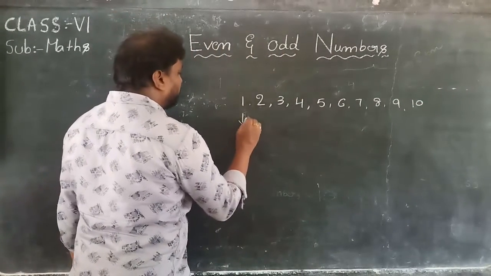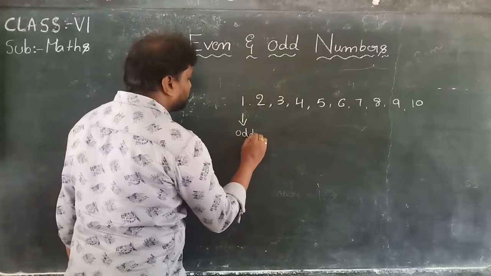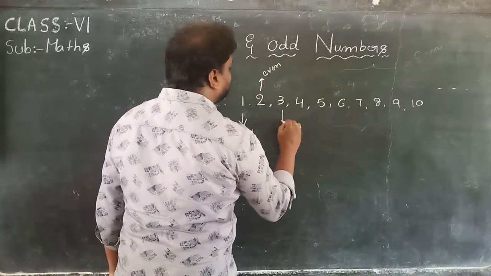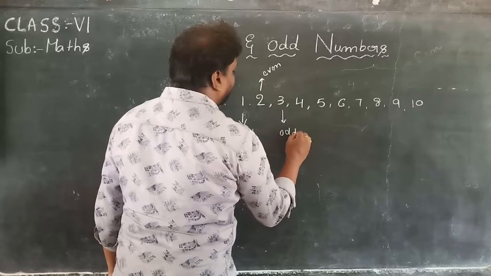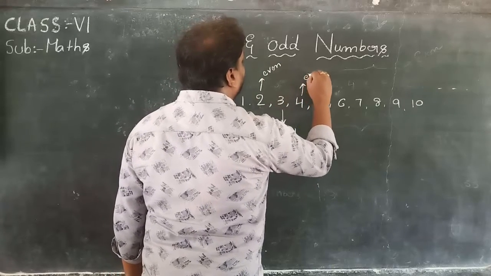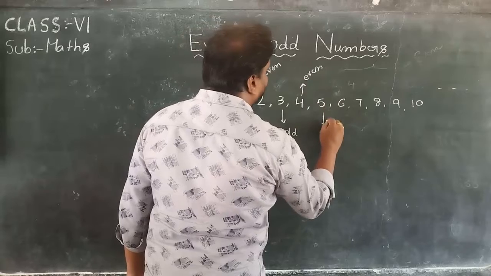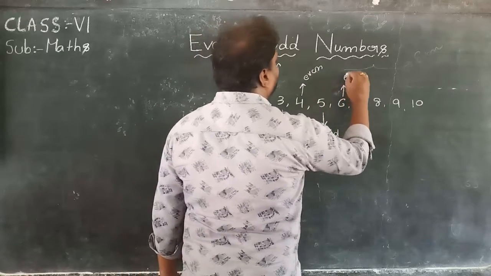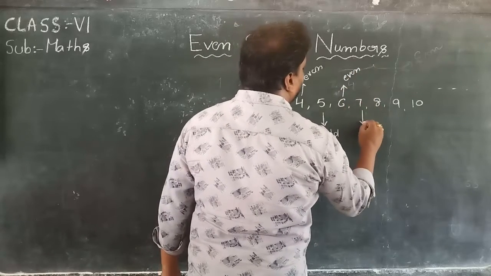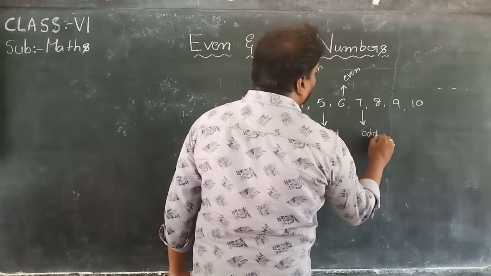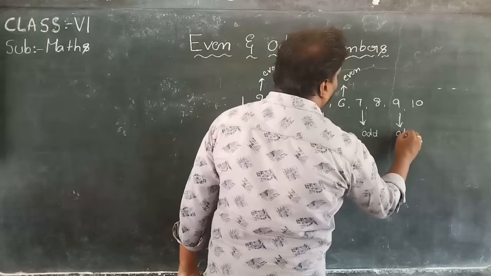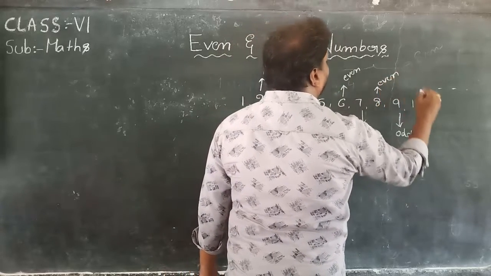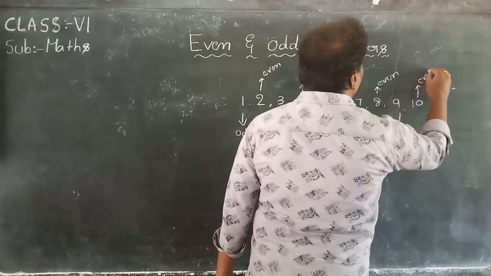Then 1 is odd, 2 is even, 3 is odd, 4 is even, 5 is odd, 6 is even, 7 odd, 9 also odd, and the remaining 8 and 10 are even numbers.